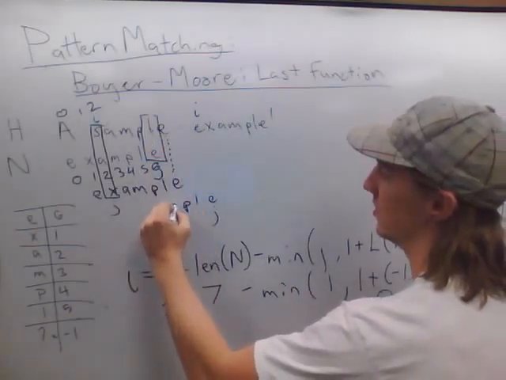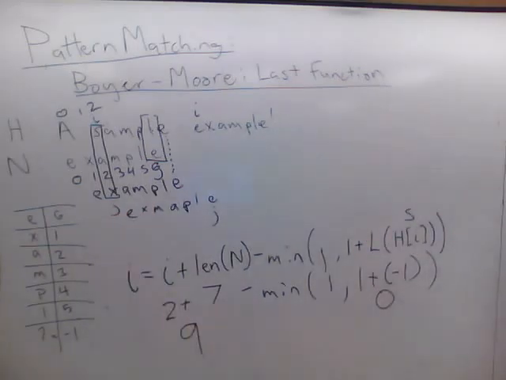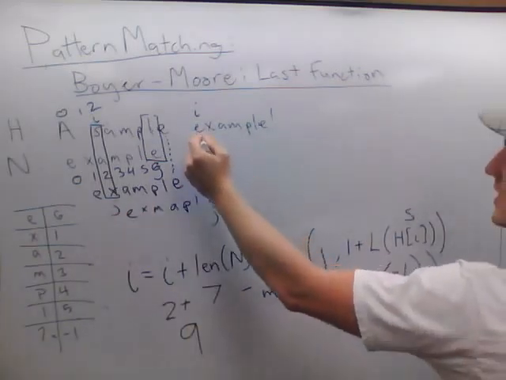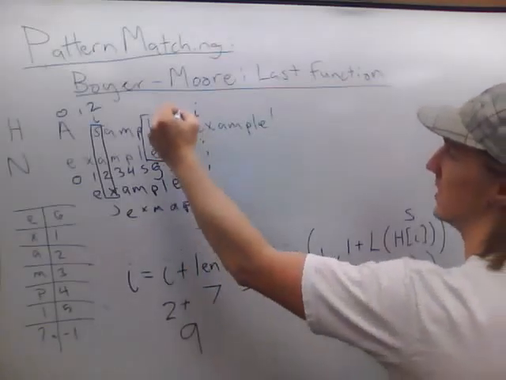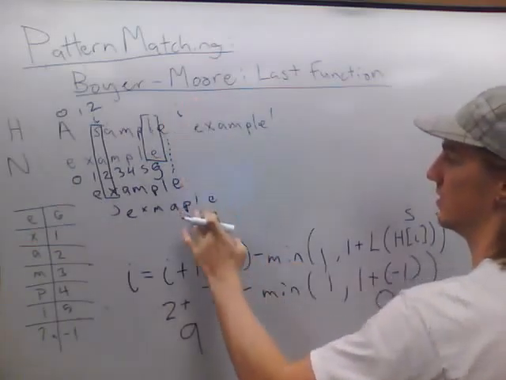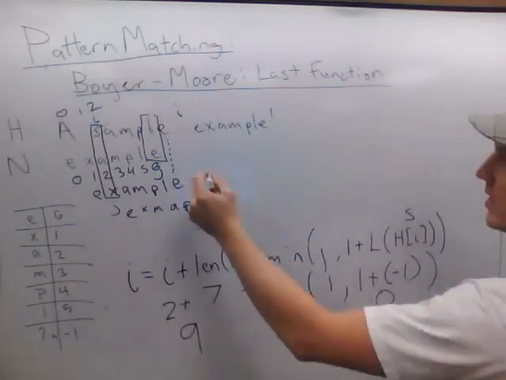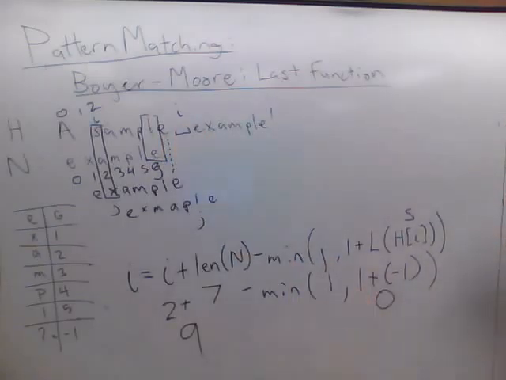P. So we look at I and J, they do match, so decrement, J, I. Now we look at space and L, they do not match, so we do this equation again.